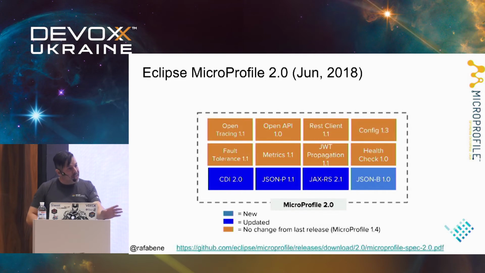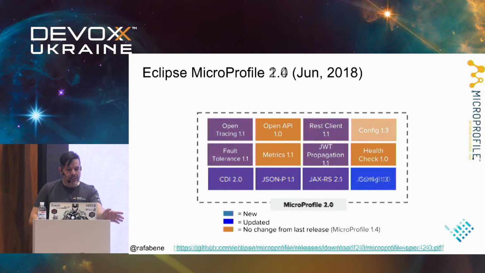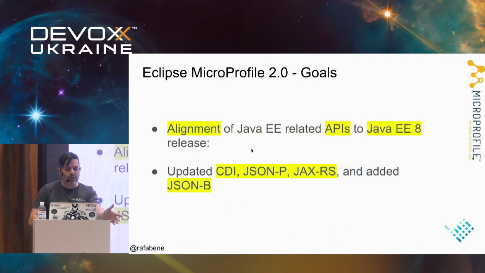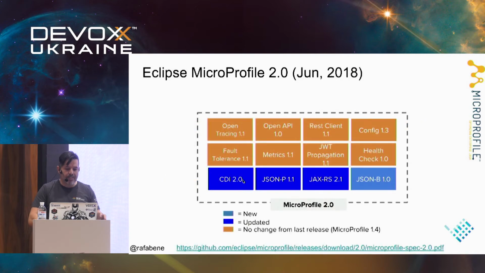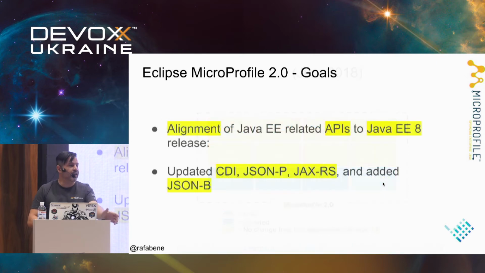And on the same day that they released 1.4, they also released MicroProfile 2.0. So what's the purpose of 2.0? You can see here that they didn't create anything new either. The purpose of MicroProfile 2.0 was to align the base APIs, CDI, JSON-P, JAX-RS, and JSON-B, to Java EE 8.